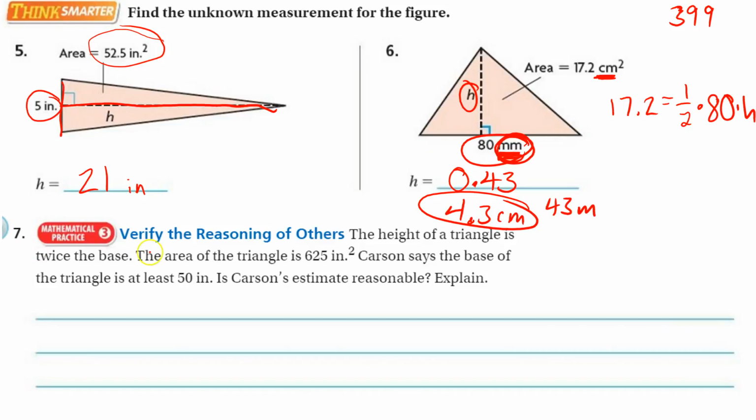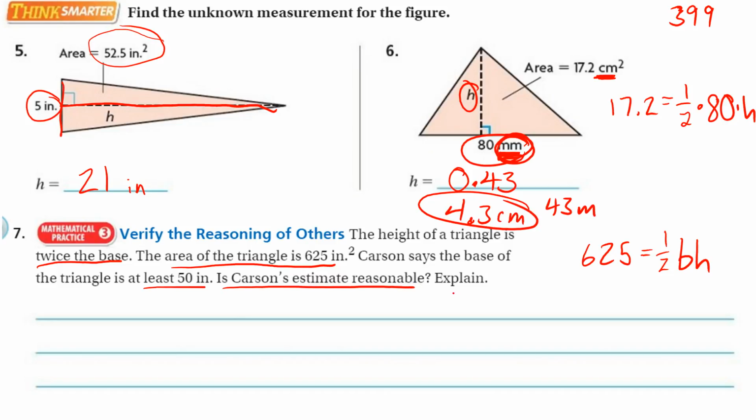All right, number 7. Verify the reasoning of others. The height of a triangle is twice the base. The area of the triangle is 625, so we know the area is 625 equals 1/2 base times height. That's our formula. Carson says the base of the triangle is at least 50 inches.